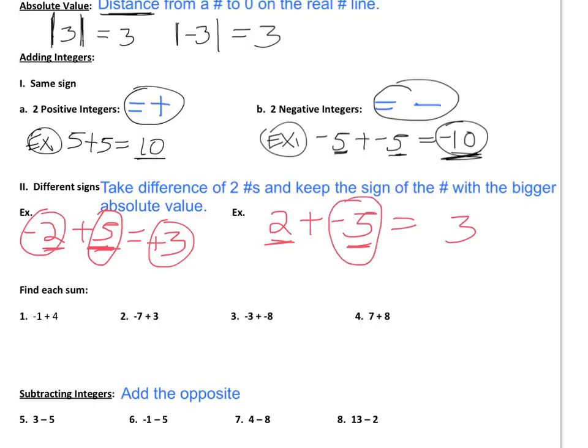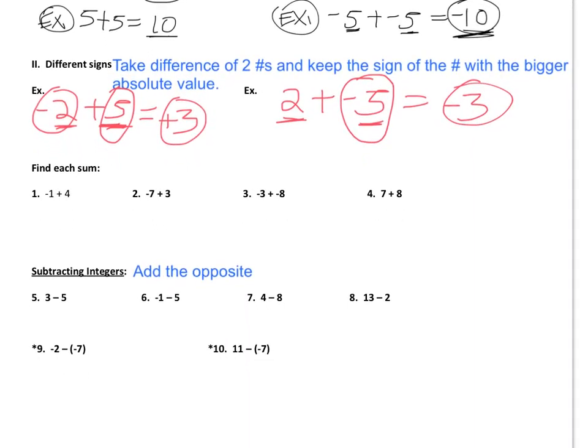Absolute value of negative 5 is 5. Since this is negative, our answer is going to be negative there. So those are two cases where if you add a positive and a negative, you could get a positive answer, or you could get a negative answer. Whichever number has the bigger absolute value, you take that sign for the answer.